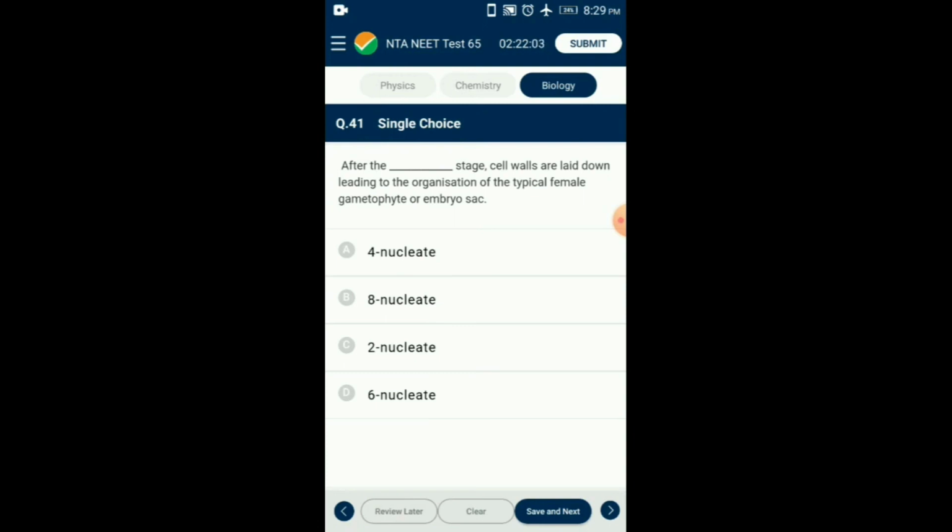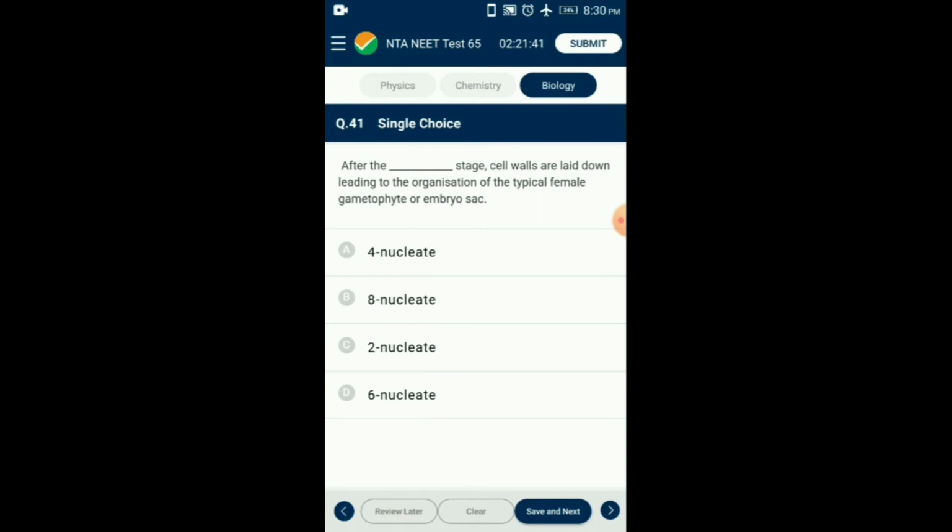Two more sequential mitotic nuclear divisions result in the formation of four nucleate, and later 8 nucleate stages of embryo sac. It is of interest to note that these mitotic divisions are strictly free nuclear, that is, nuclear divisions are not followed immediately by cell wall formation.